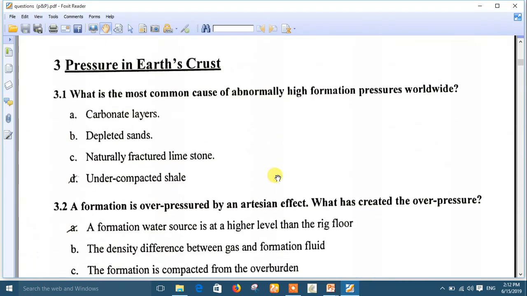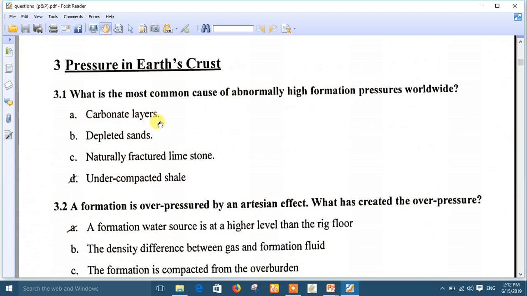The first question is, what are the most common causes of abnormally high formation pressures worldwide? Here you have four answers and you should choose one. Carbonate layers like limestone, like dolomite.